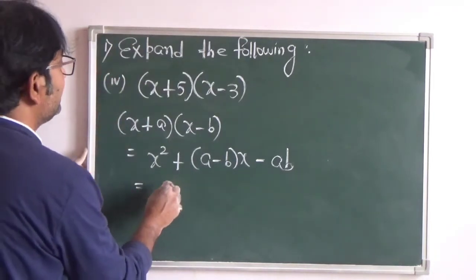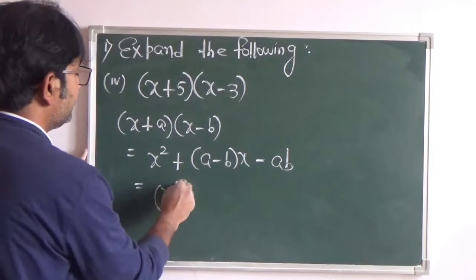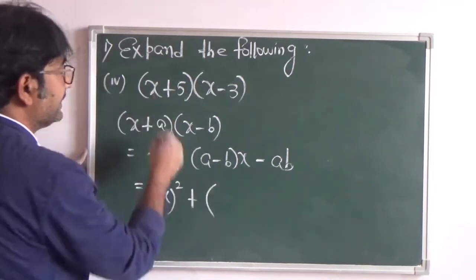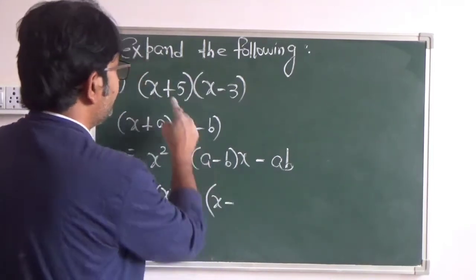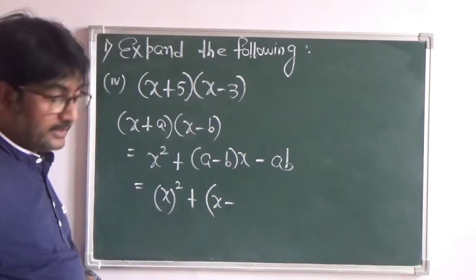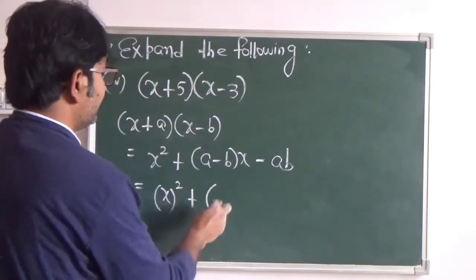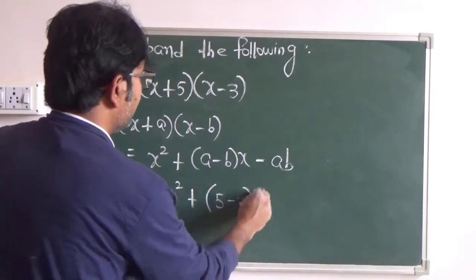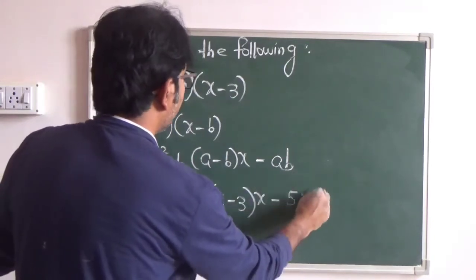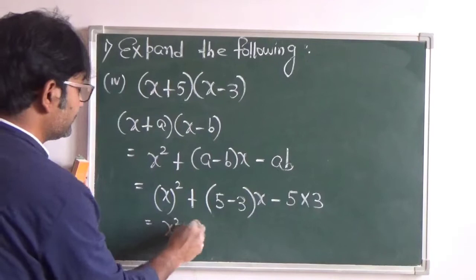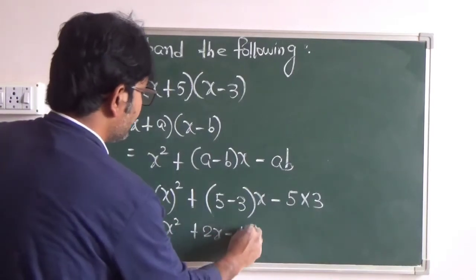So x square plus (a - b) into x, a is 5, b is 3, so into x, minus 5 into 3. So it's coming to x square plus 2x minus 15.